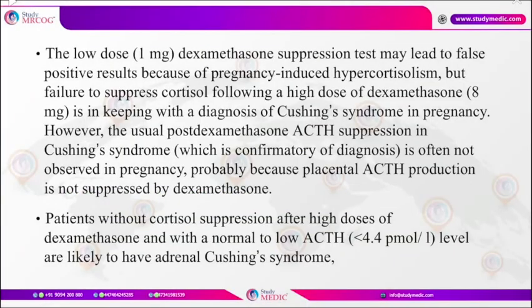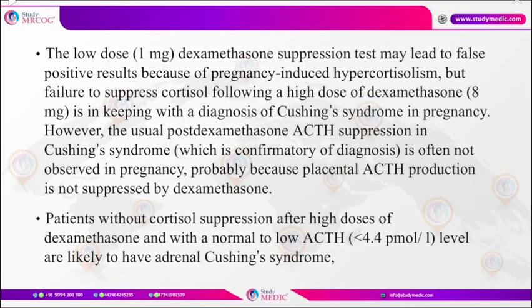The low-dose 1 milligram dexamethasone suppression test may lead to a false positive result because of pregnancy-induced hypercortisolism, but failure to suppress cortisol following the high dose of dexamethasone, which is 8 milligrams, is in keeping with the diagnosis of Cushing syndrome in pregnancy.